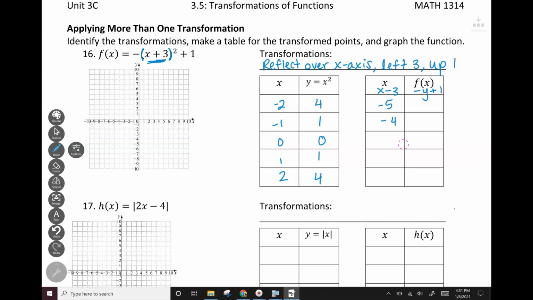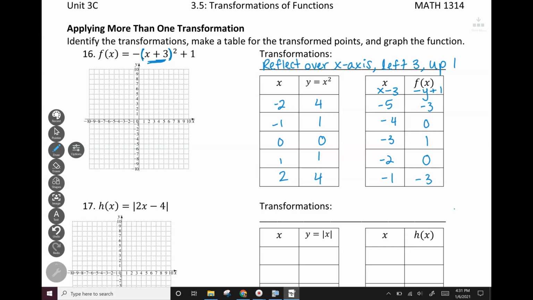Oops, sorry, not 0. I think I was multiplying in my head. -2 and -1. Now, -y +1. So -4 +1, -3. -1 plus 1, 0. 0 plus 1, -1 plus 1, and -4 plus 1. All right, so those are our new points.